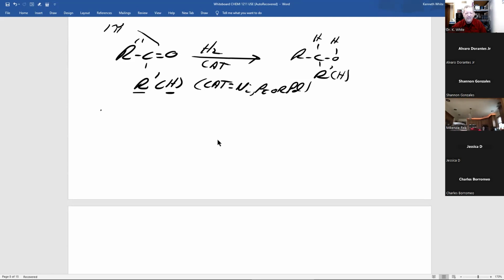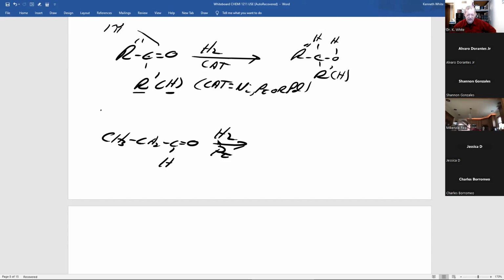And what was attached to it, R prime and R double prime or hydrogen, is still there. And the question is, what's the product or products you get for the following reaction?